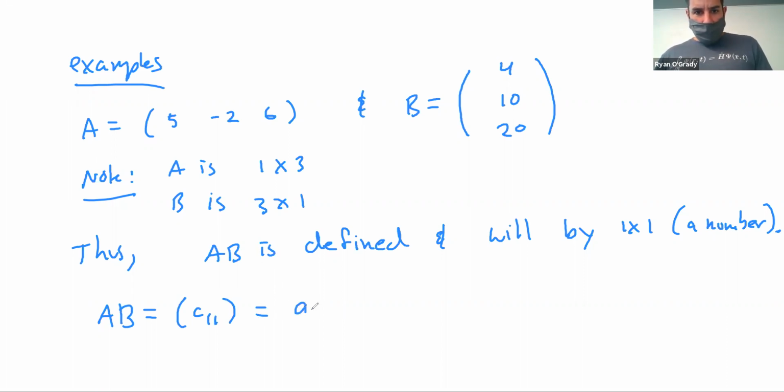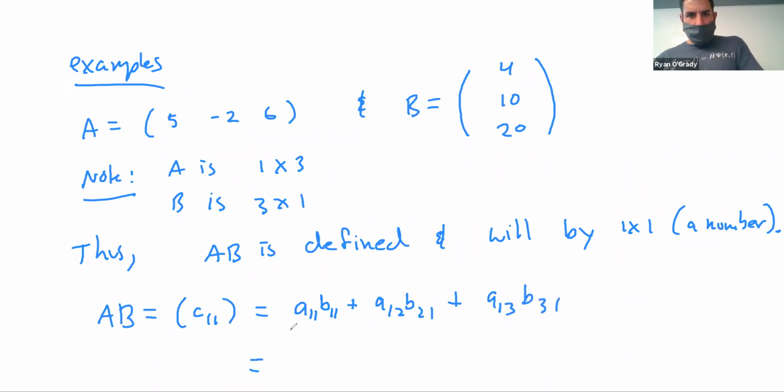Well, it's A sub 1,1 B sub 1,1, plus A sub 1,2 B sub 2,1, plus A sub 1,3 B sub 3,1, which is nothing more than 5 times 4 plus -2 times 10 plus 6 times 20.